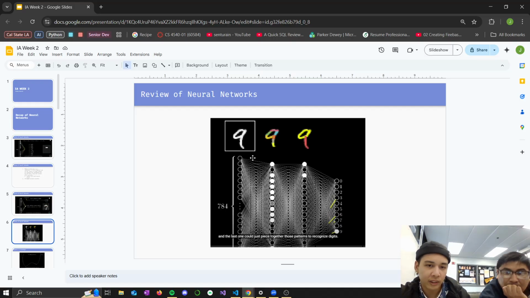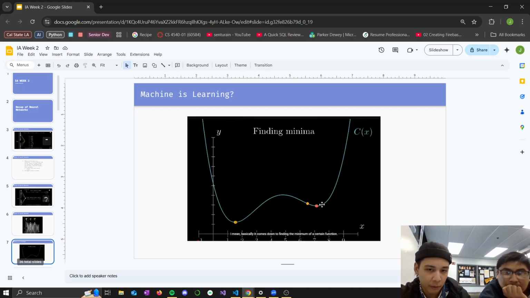For instance, this is the input layer. This layer would try to detect the edges, like the top edge of the nine, and another layer would detect this line right here. We adjust these weights so only certain neurons activate, so we get a closer approximation.